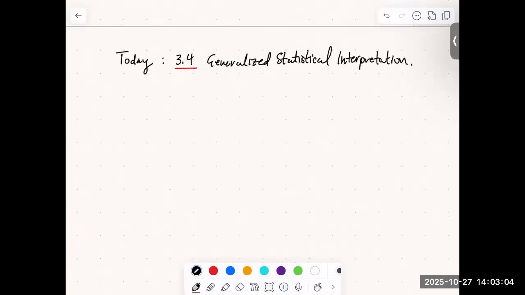So where we are is we're in the middle of chapter 3, and we're going to do 3.4, a generalized statistical interpretation. And so here's where I want to start.